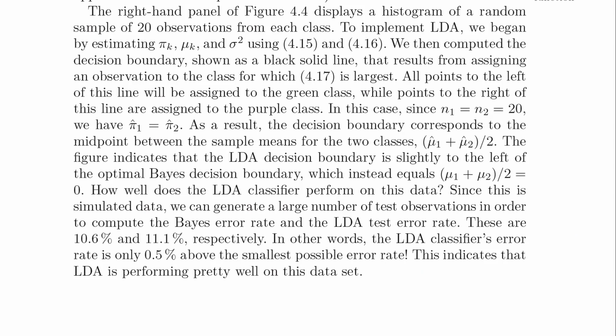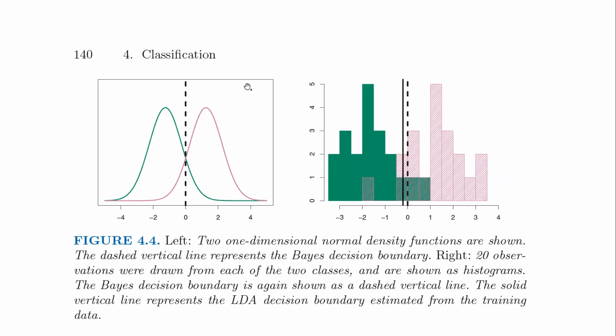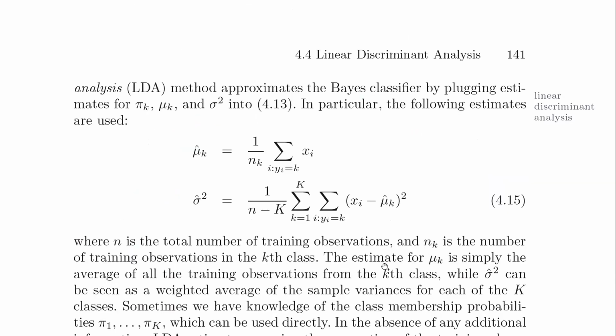So we're back to 50%, right? 20 observations from each class. So there are 20 males, if you choose to continue using that example, and 20 females. To implement LDA, we began by estimating pi k, mu k, and sigma squared. We then computed the decision boundary, shown as a black solid line, that results from assigning an observation, was that black line.